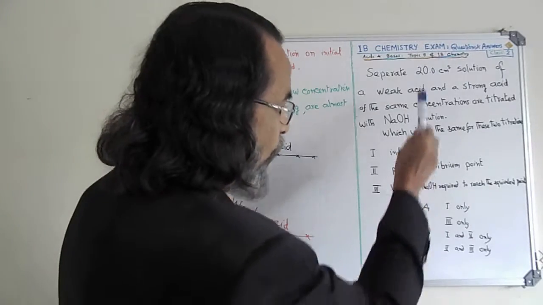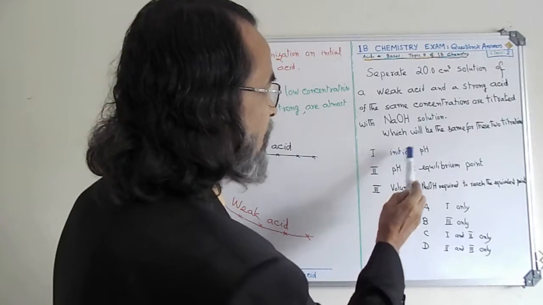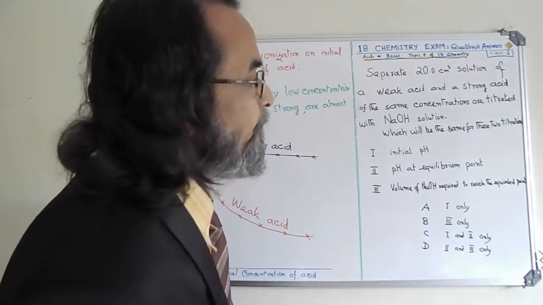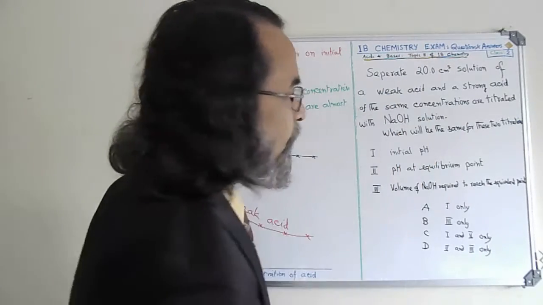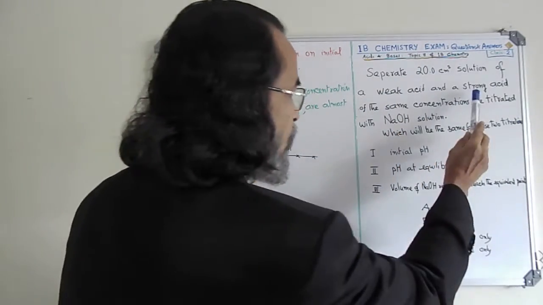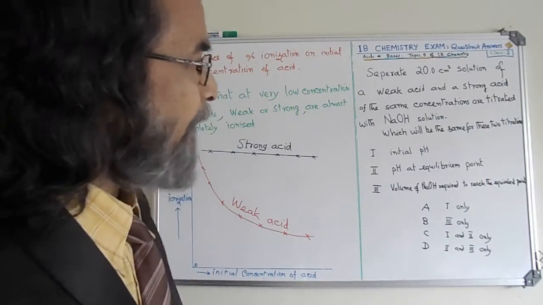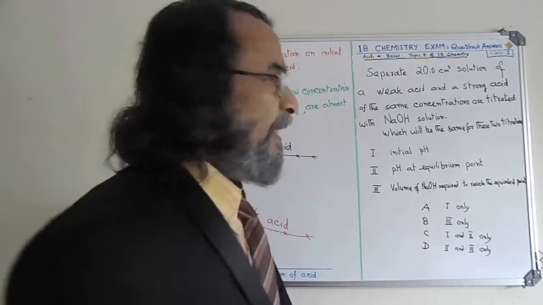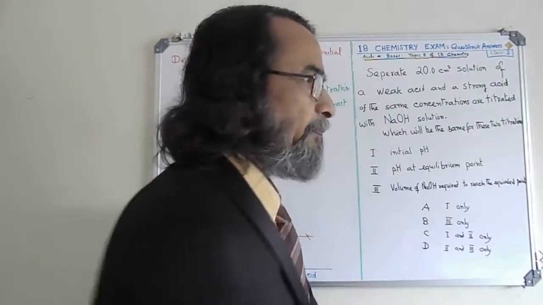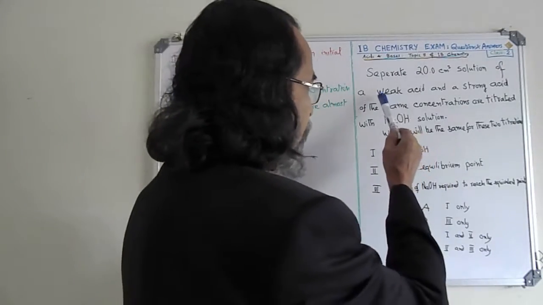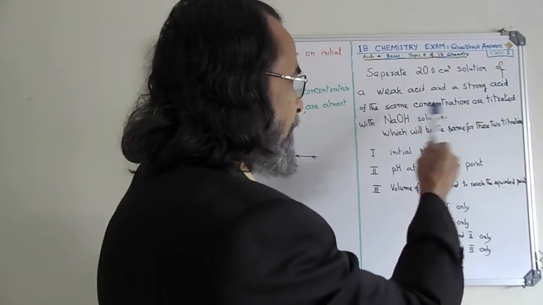During that, what will happen for the initial pH? Initial pH will be different. What is the reason? We are using a weak acid for the first case and a strong acid for the second. For that, the pH value will be less. We know that the pH will be smallest for a strong acid, and it will be closer to 7 for a weak acid, because water has a pH of 7.